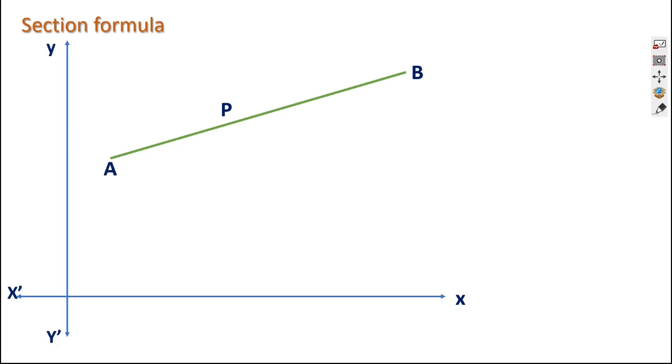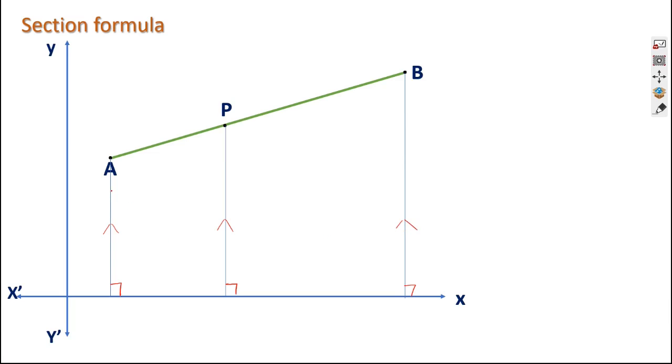We also know that if you draw perpendiculars from A, P and B to the x-axis, they can be marked like this. These perpendiculars are all parallel with each other. That is why I told you to remember those things.